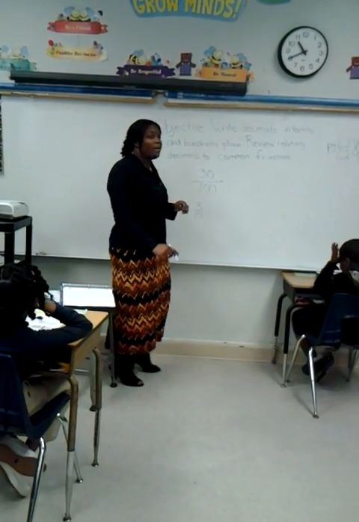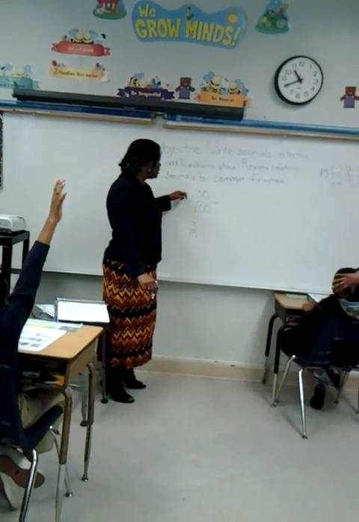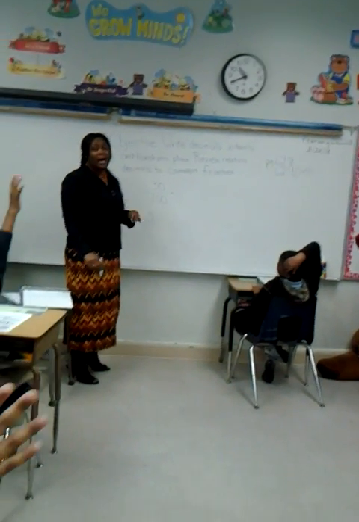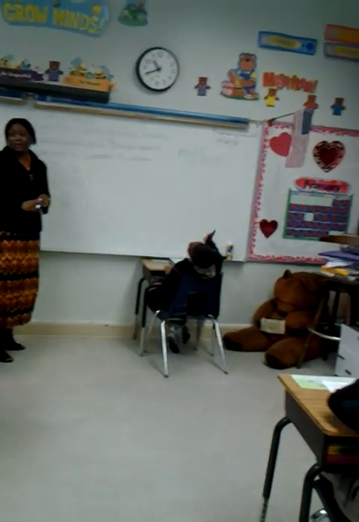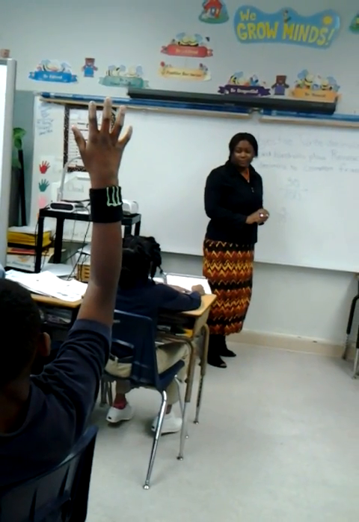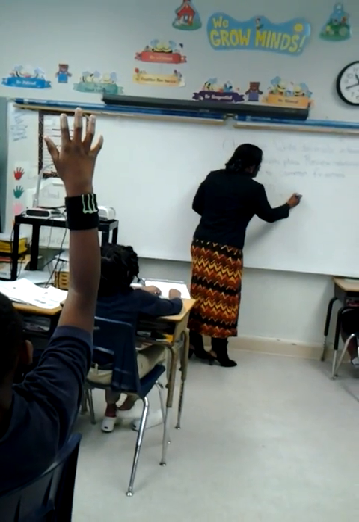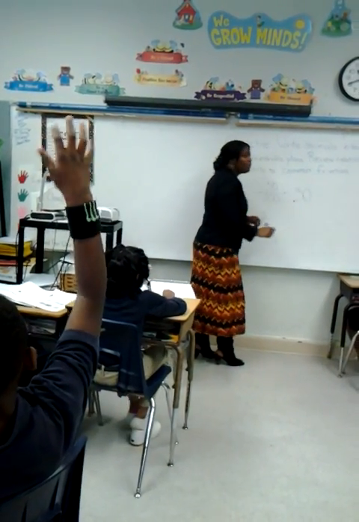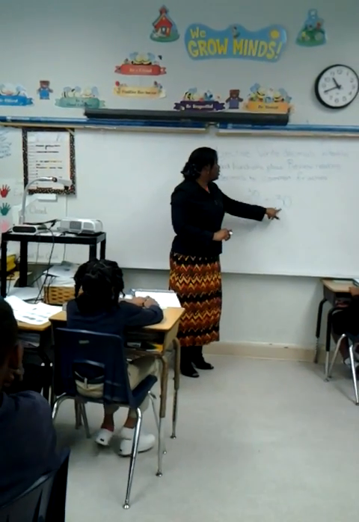Now, can someone please raise their hand and tell me how I would convert 30 over 100 into a decimal? All right, Kayla J. Decimal 30. Okay, class, does everyone agree with her? Yes. Very good. It is decimal 30.